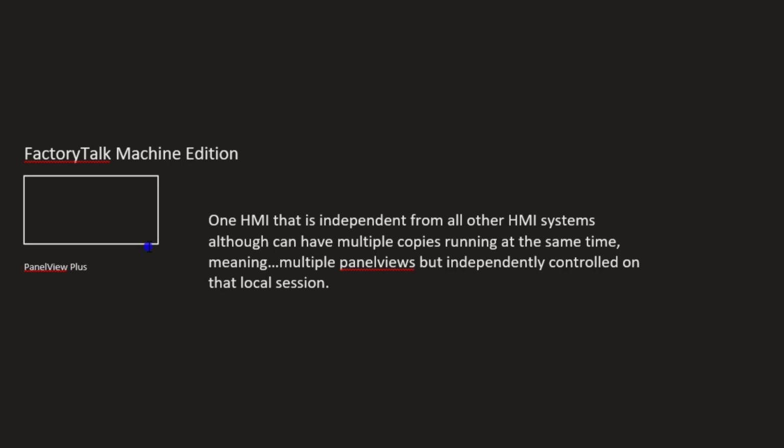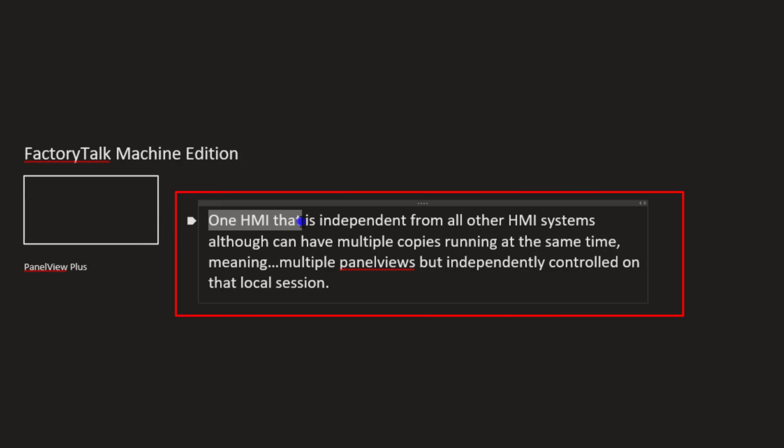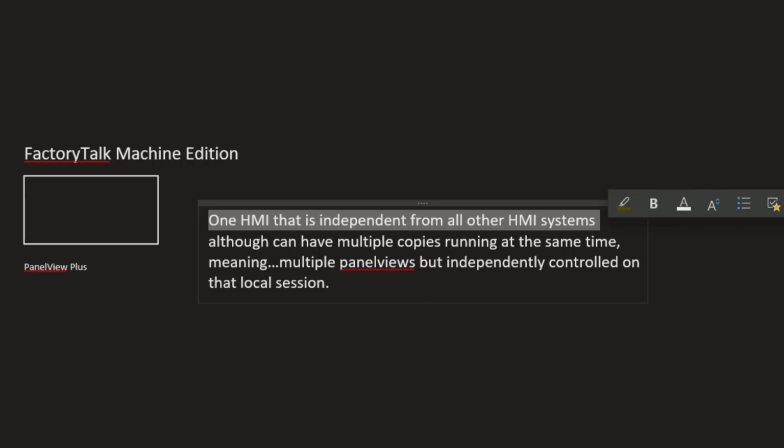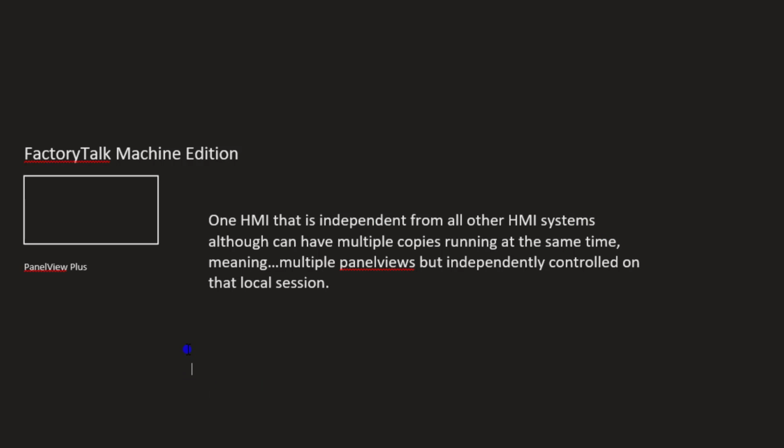Now you can deploy that one application on multiple devices, but this is going to be one HMI device that's independent to itself. Can it have multiple versions of itself? Yes, but it's independently acting as itself.